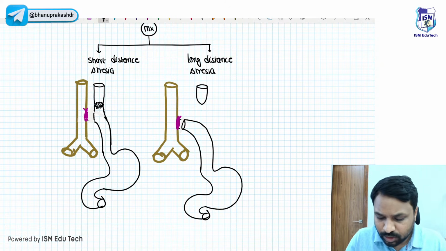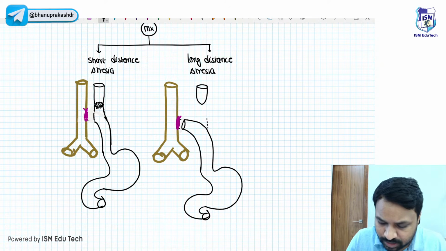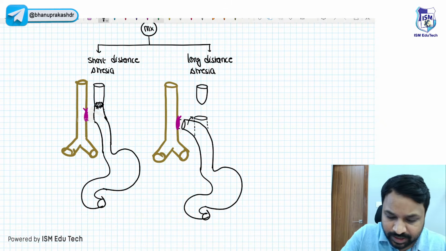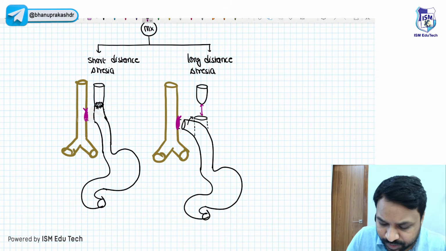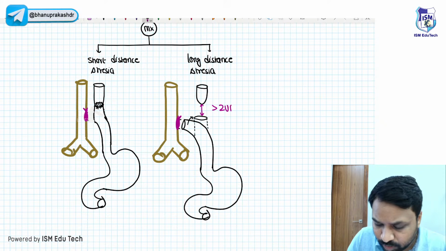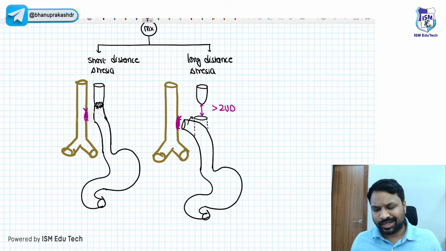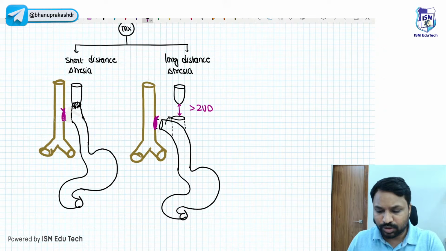When you try to mobilize this segment, it will probably get oriented like this. If the distance between these two is more than 2 vertebral bodies on an X-ray, we call it a long distance atresia. Here I cannot do a primary closure.